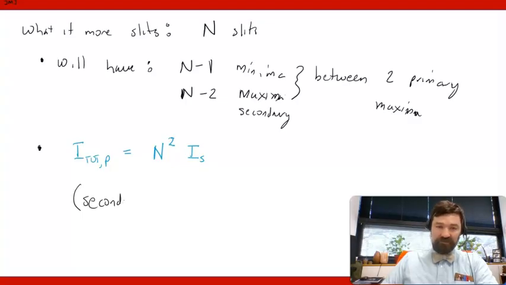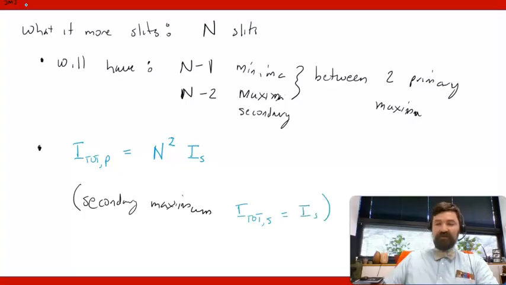So at a secondary maximum, you can say I total secondary is equal to I_S. So if I have 4 instead of 3 slits, then I expect my intensity to be 16 times larger at a primary than at a secondary, etc.